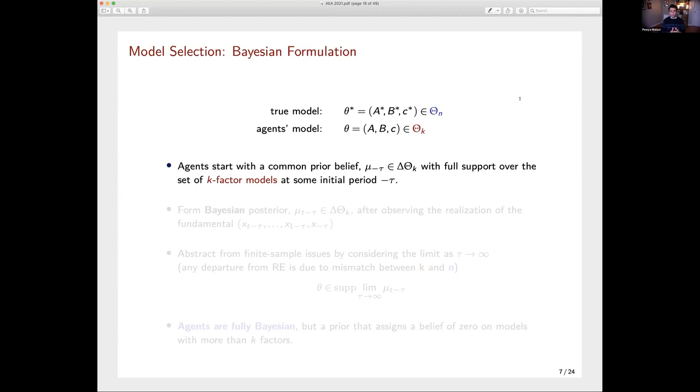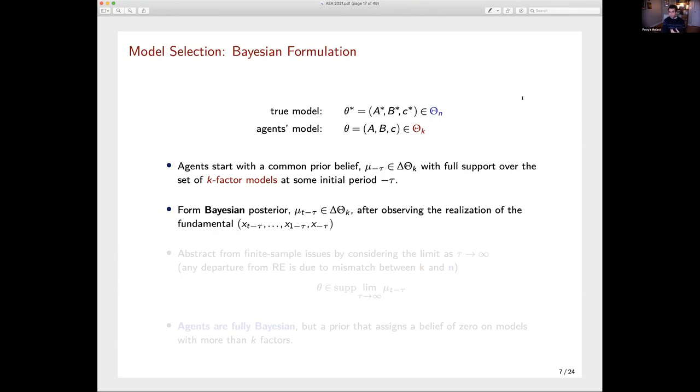So in particular, if n is bigger than k, the agents will assign probability 0 to the true data generating process. We're going to assume that the agents are rational, so they form Bayesian posteriors after observing the realization of the fundamental. They have a prior, they observe the sequence of the fundamental, and they update their prior using Bayes' rule. Pretty standard, other than the fact that the prior puts zero weight on the true model.